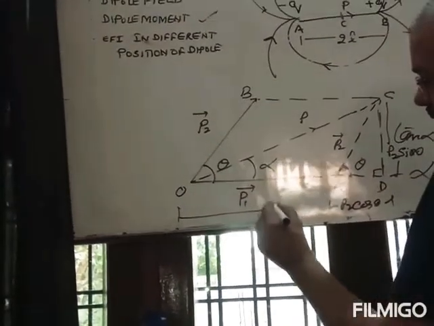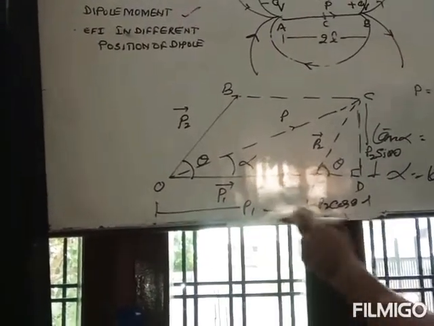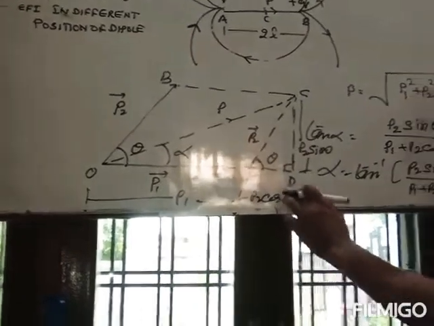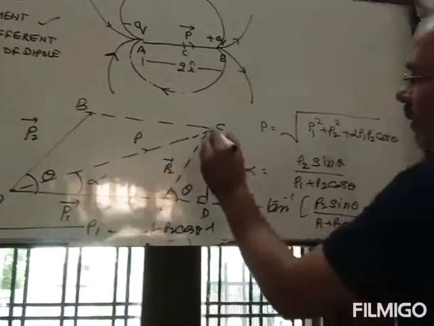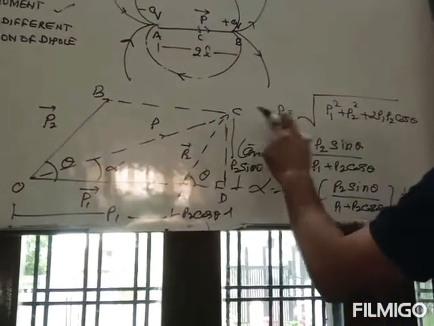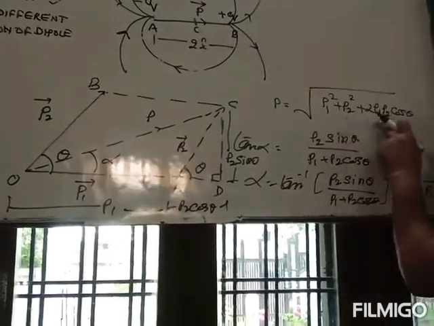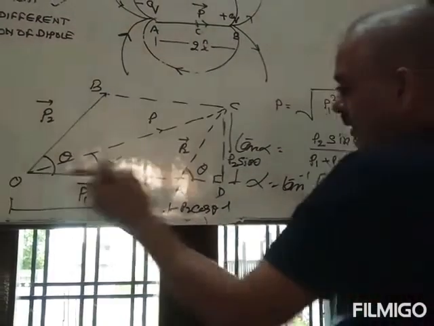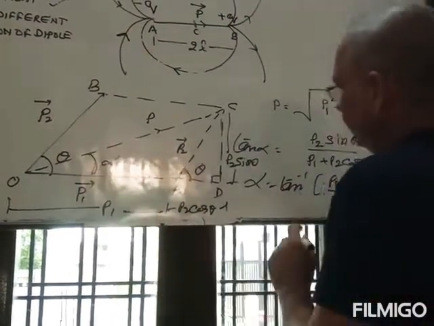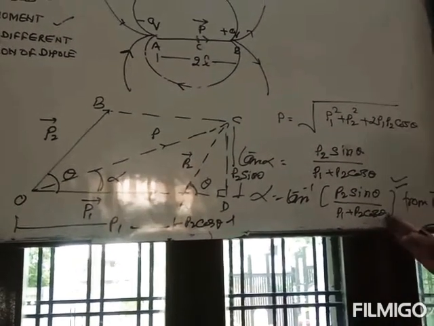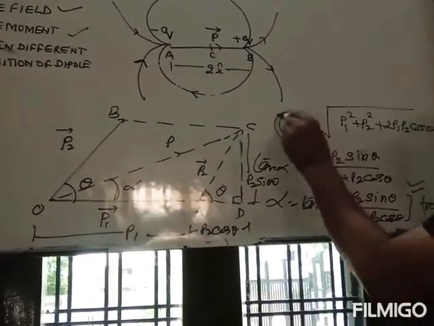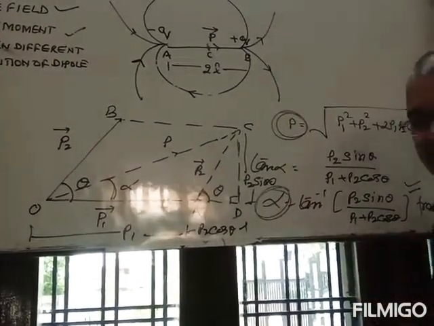The length of OA is P1, so the complete length OD becomes P1 plus P2 cos theta, and CD becomes P2 sin theta. Using the Pythagoras theorem, P is equal to the square root of A squared plus B squared plus 2AB cos theta. And in the same triangle ODC we take tan alpha, so you will get this formula. So by using these two formulas we can get the resultant dipole moment as well as its direction.